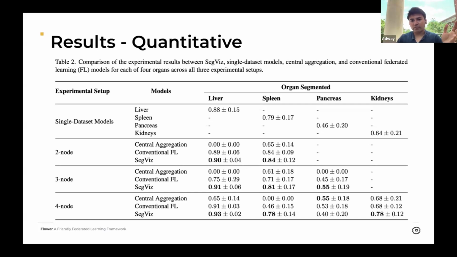And even for the 4-node setup, it does the exact opposite: it doesn't segment the spleen at all, it just ends up segmenting the other organs. Again, we feel that this is because of how heterogeneous the data is. Bigger organs will be easier to segment, but when you're collectively training and putting them together, that's when it degrades the performance.